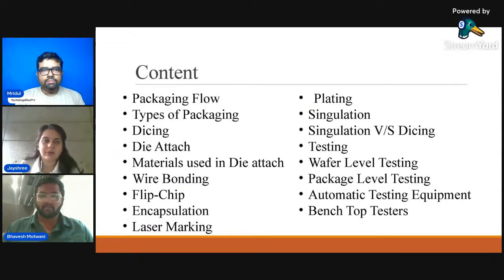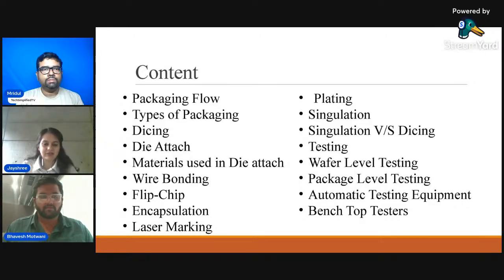We will go from the basic flow, starting with what a wafer is. We have fabricated our wafer, the device has been fabricated, and now we have to package it so that it doesn't get harmed or damaged by environmental stress, such as humidity, pressure, or temperature. That is the necessity of packaging, and we are going to learn each of the multiple steps covered after fabrication in the packaging flow.